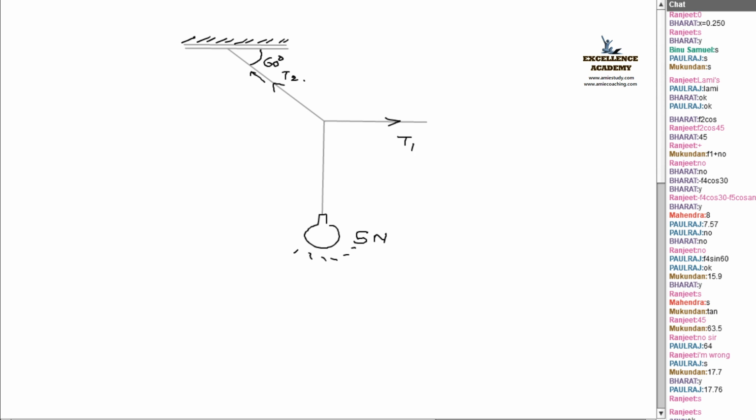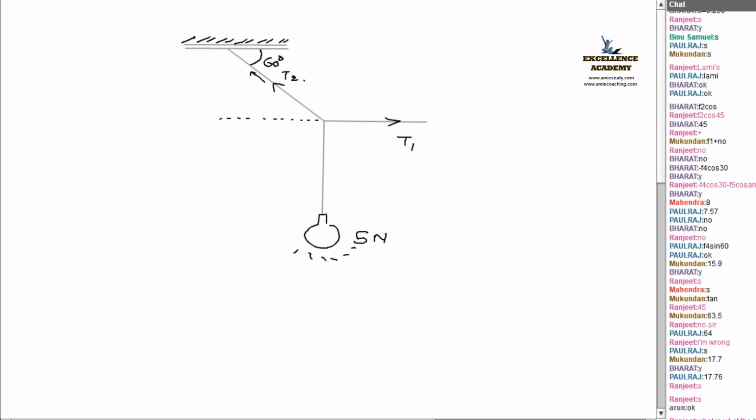Shall I proceed? What is the weight of the ball?